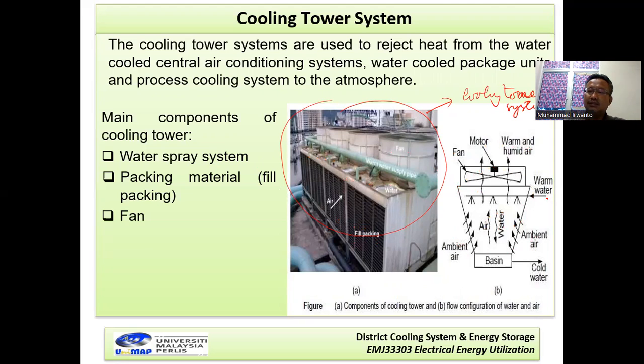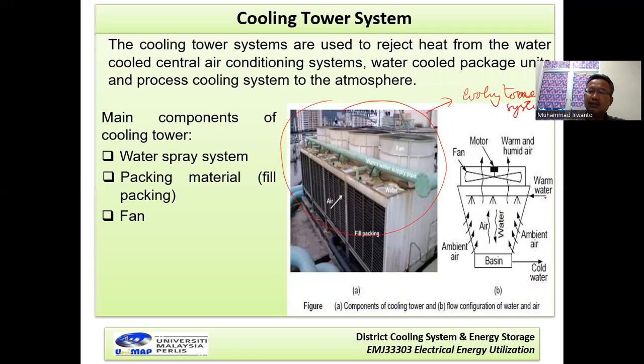This is the pipe, and this is also a pipe, the inlet pipe, meaning the pipe from the condenser. And this one is the return pipe that goes back to the condenser. This pipe has the warm water, meaning the temperature here is higher than this one.